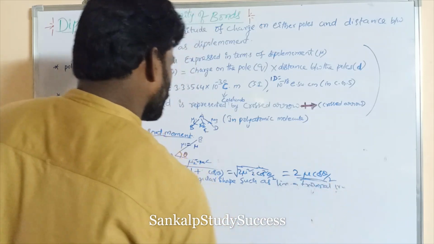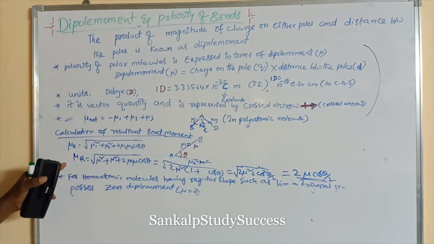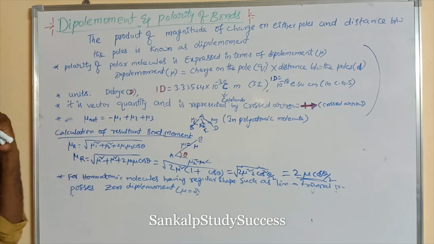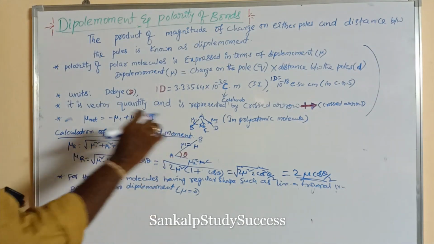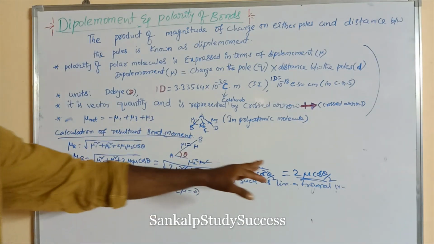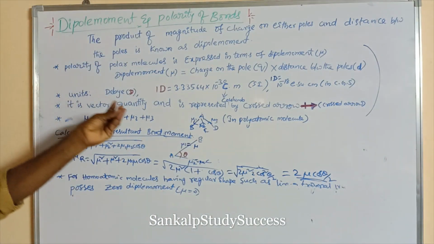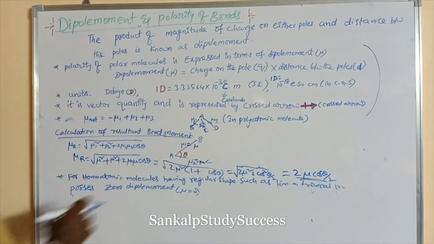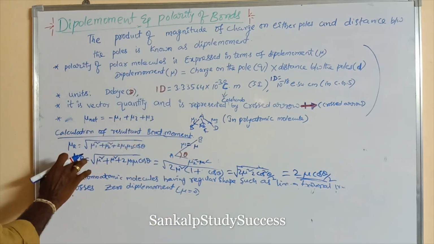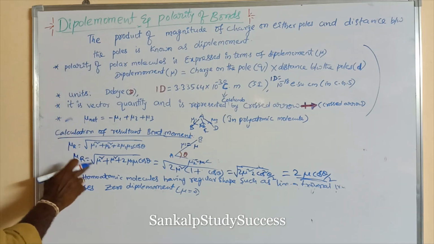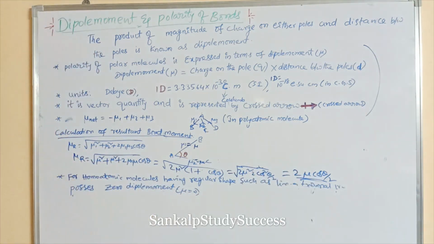This is the formula for the resultant bond moment or dipole moment of similar bonds in a molecule. What is the formula? 2 mu cos theta by 2. So when the dipole moments of the bonds are equal, the resultant dipole moment in a molecule is equal to 2 mu cos theta by 2.